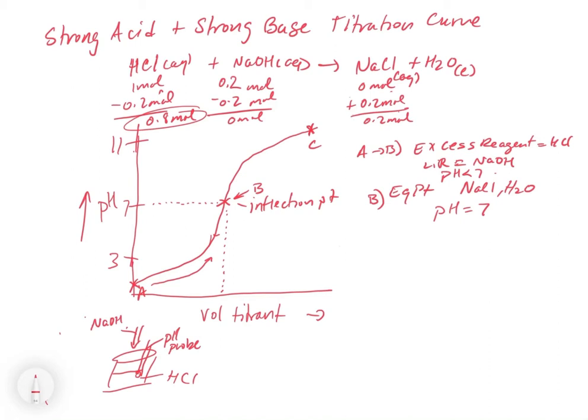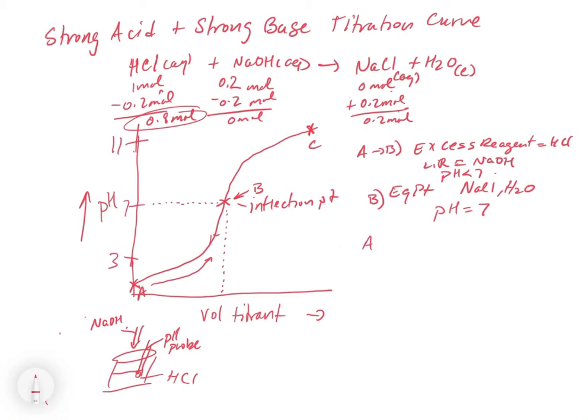So this rapid rise that takes place here is because as we reach the equivalence point, the relative amounts of acid and base are quite small in the solution, and therefore when we add the base, it makes a big effect on the pH. So that's why we get the rapid rise near the equivalence point.